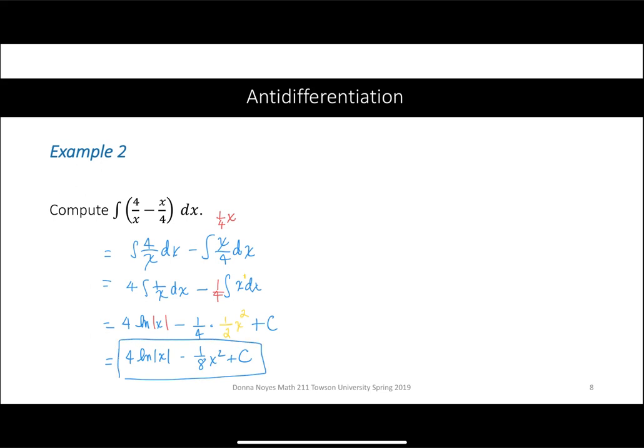So here we applied the sum rule, we applied the constant multiple rule, and we did the log and the power rule. So we have our log rule and our power rule. So we put into place all of those properties and rules we've learned on the past several slides.